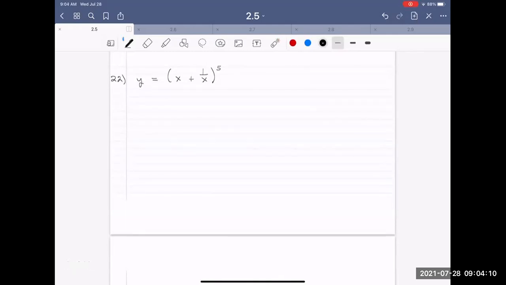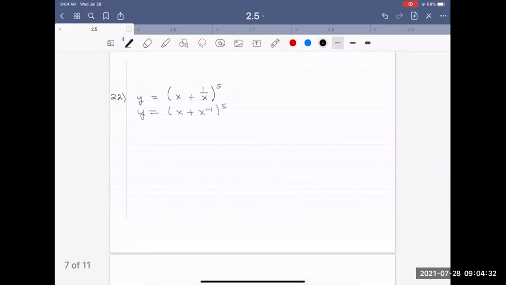Problem number 22. Y equals x plus 1 over x, all to the power 5. Let me write 1 over x as x to the negative 1, so that I can use the power rule on it. So let's use first the general power rule. Bring down the exponent out in front. Rewrite what's inside to the power of 1 less, times the derivative of what's inside.